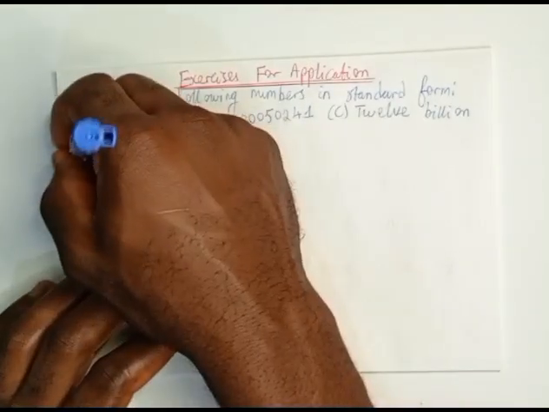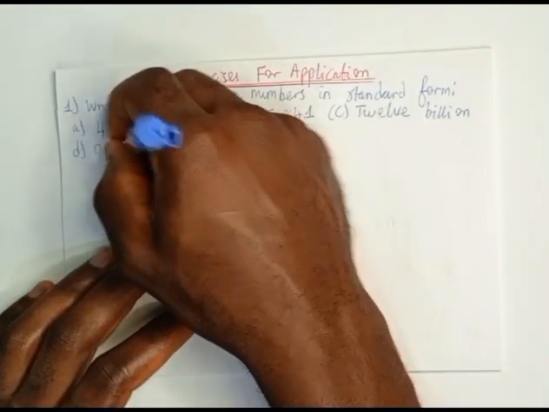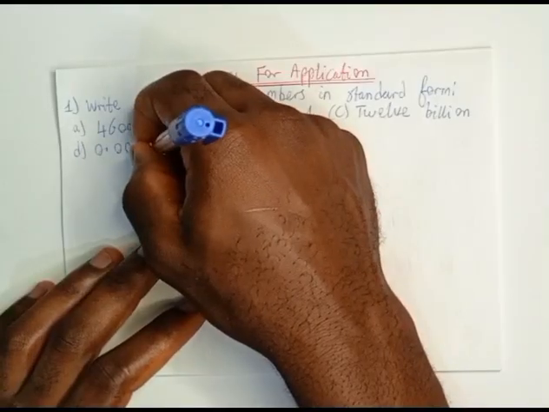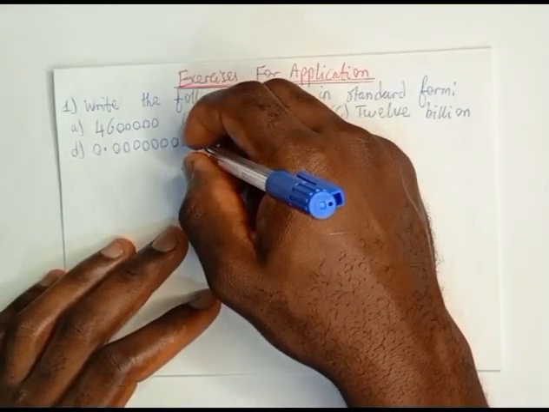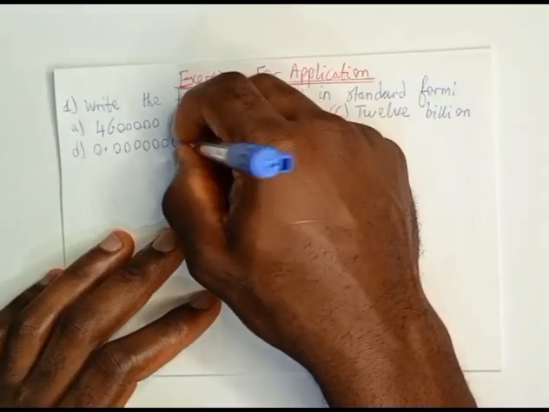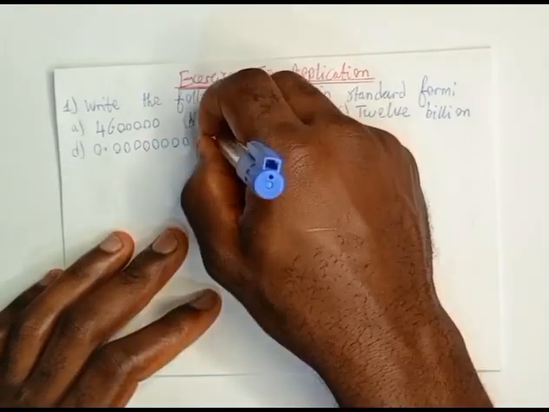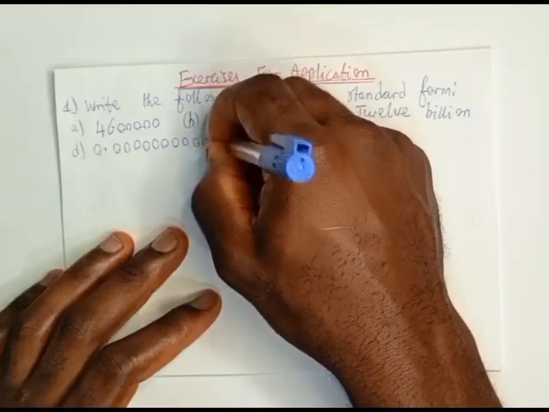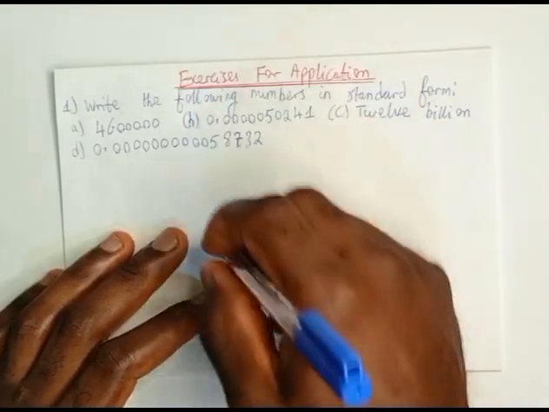And lastly, for question D, we have the number 0.00000000, there are 10 zeros after the decimal point, 58732.